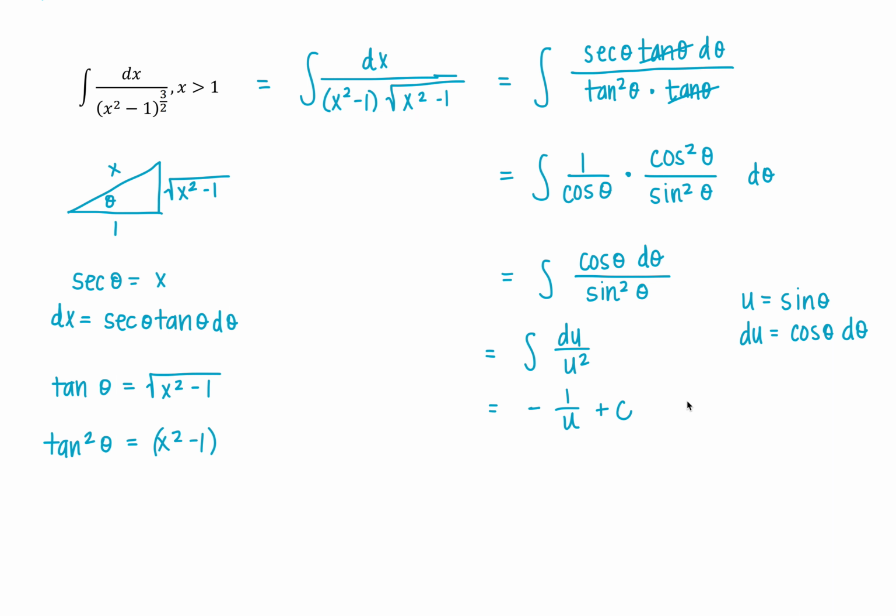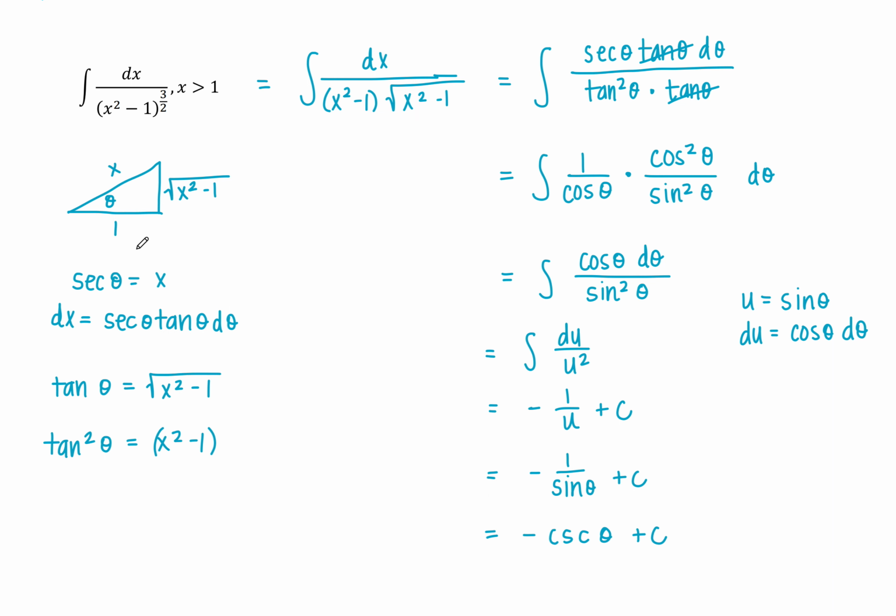Now I'm going to go back. Since u is equal to sine theta, I've got negative 1 over sine theta plus c. Negative 1 over sine theta is negative cosecant theta plus c. And then finally, I need to take this back to my x's.